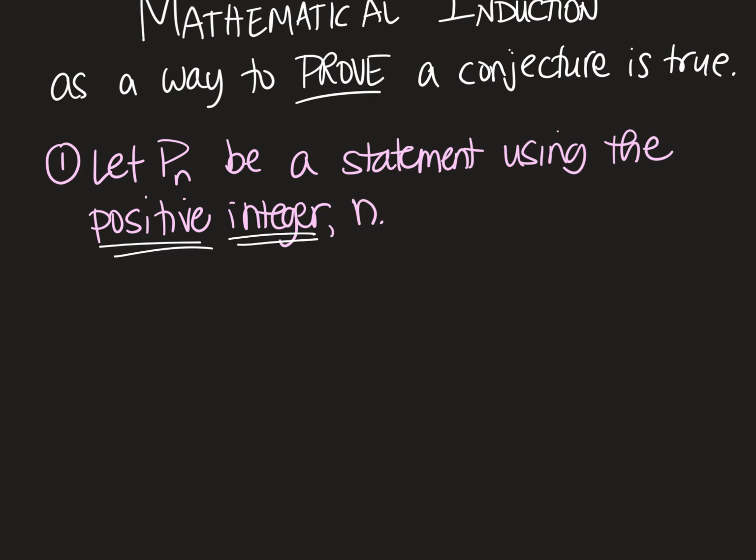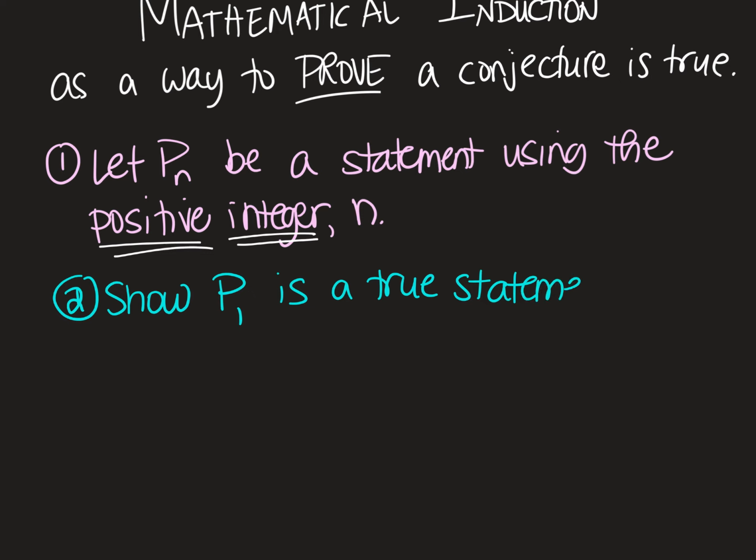So here's what we're going to do. That's what we're going to be given: some statement involving n. The first thing we're going to do is show that P sub 1 is a true statement. We are literally just going to plug in 1 and show that it actually gives us the proper sum.